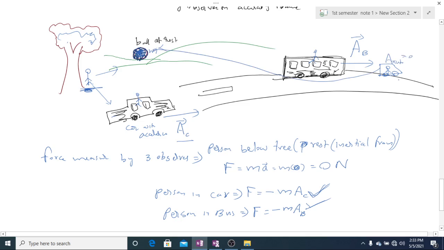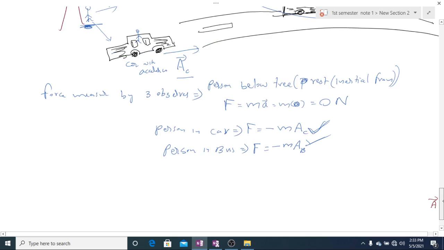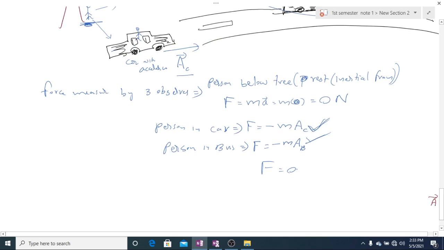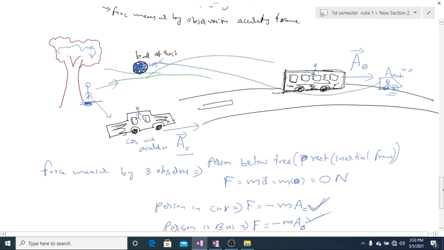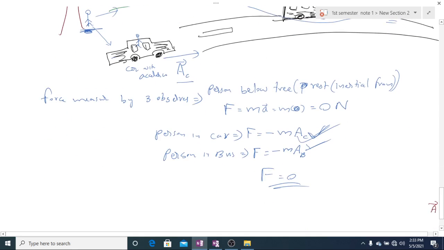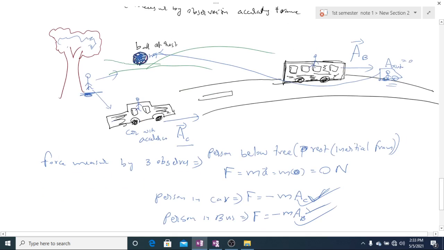What will he get? He will get F equal to 0, since the ball has no acceleration with respect to him. Okay, this is what we have told in the last video. This is the physical significance of fictitious forces. Therefore these are fictitious forces which have arisen due to the acceleration of the frame of reference belonging to a certain observer.